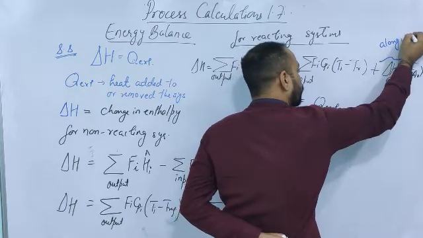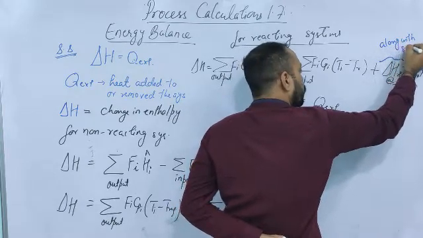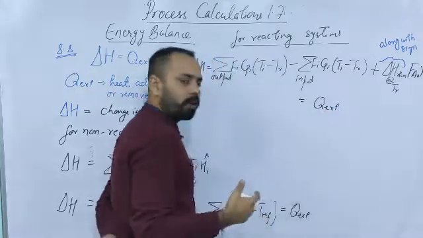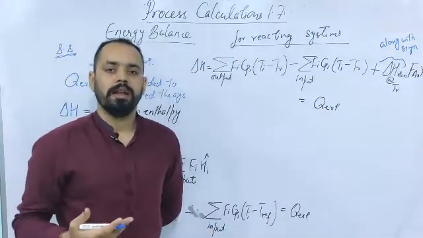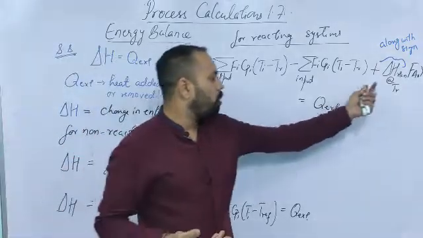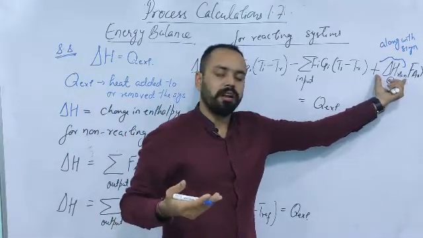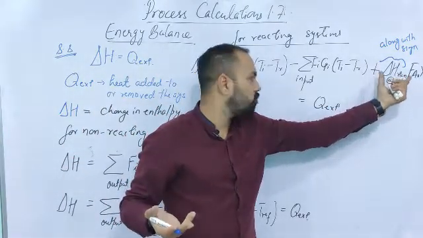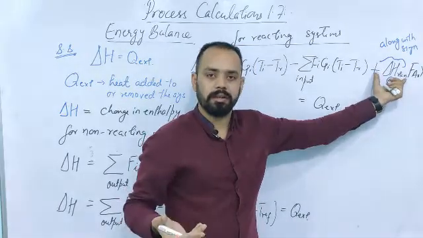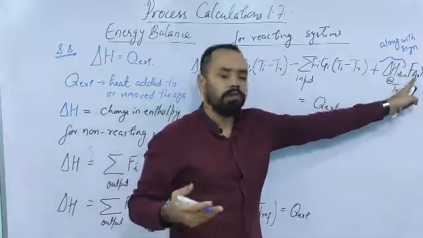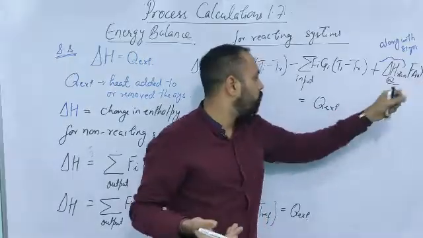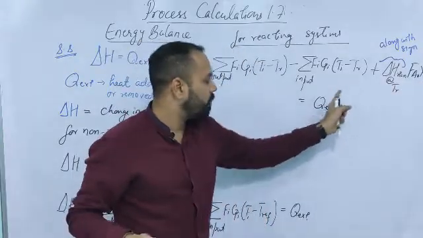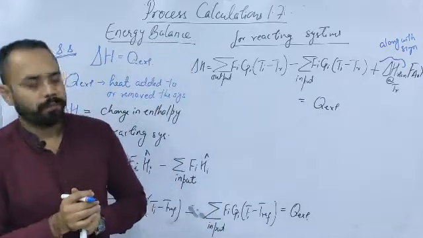What does it mean? Suppose you have an exothermic reaction. For an exothermic reaction, the enthalpy of reaction is always negative. So along with the sign means that if the enthalpy of reaction is, say, minus 50, it should be put as minus 50 here, right? Fa0 is the initial moles of the limiting reactant, Xa is the conversion of the limiting reactant. Fine. So this is the left hand side and this must be equal to Q external.